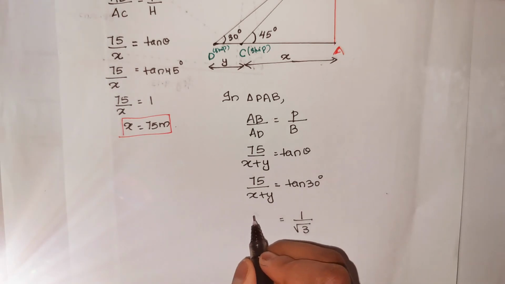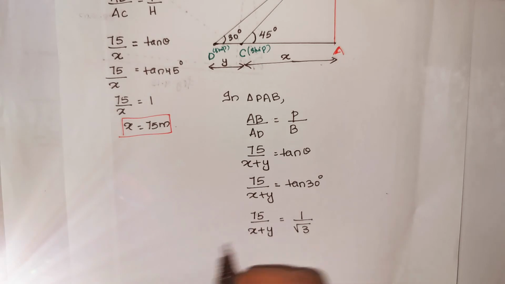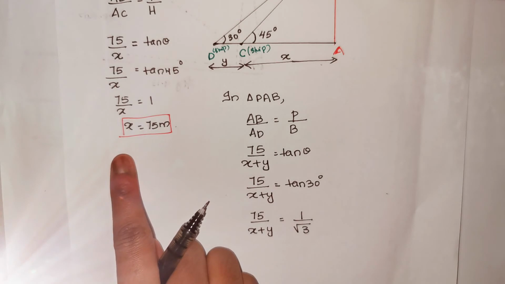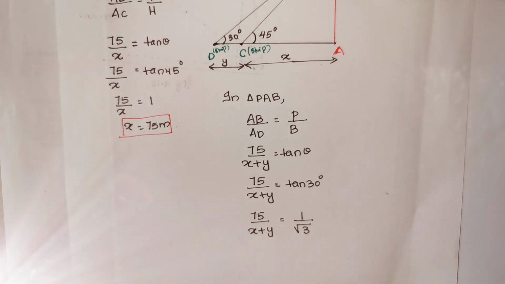So, 75 by x plus y. So, students, we know what is the value of x. The value of x is 75. So, we can substitute the value of x here. So, 75 by 75 plus y is equal to 1 by root 3.